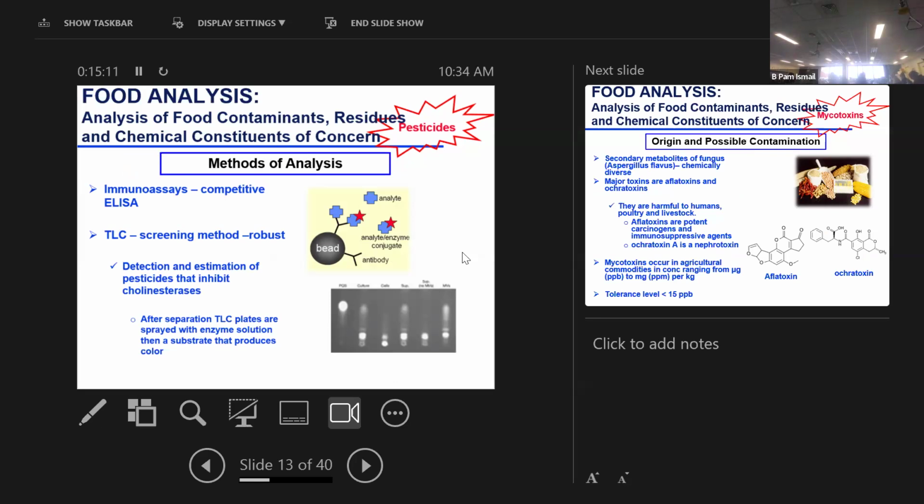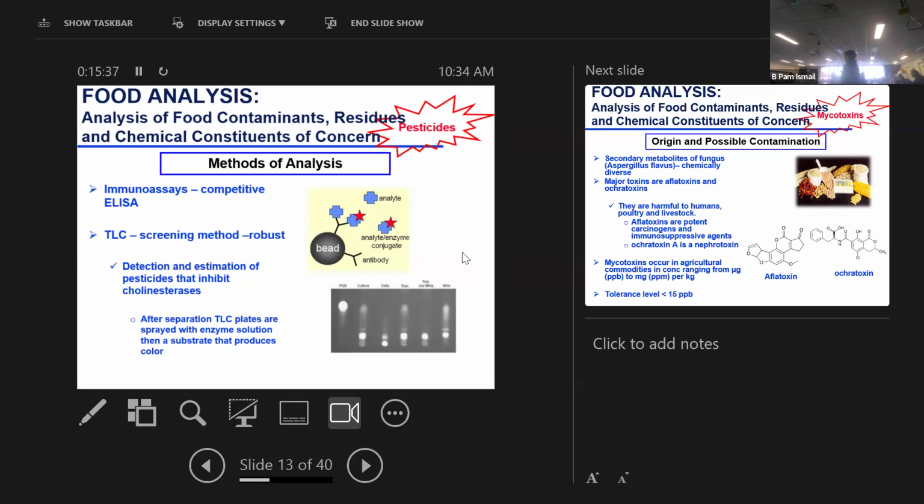Okay, and then thin layer chromatography. It's based on presence or absence of a pesticide that inhibits an enzyme. Usually these pesticides kill pests by inhibiting a crucial enzyme in these bugs. So the way we do it, we separate the samples by thin layer chromatography.